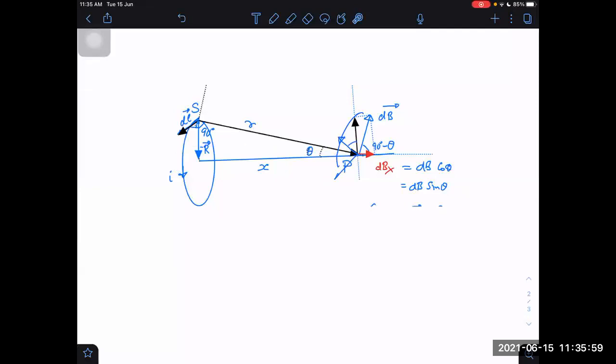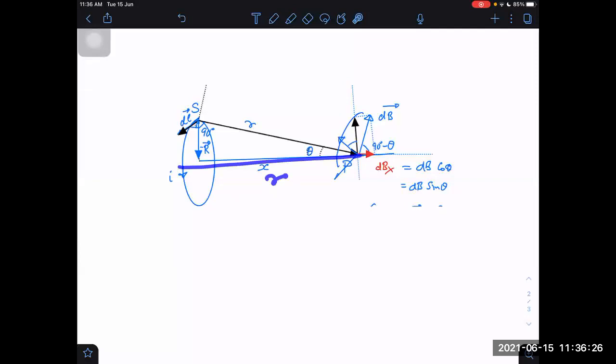Yes, sir. For example, take dl this side. If I take dl this side, and this is a, this is x, then what do you think? Will it have a k cap component or not? dl cross r will be perpendicular to dl. dl is along j cap. Then dl cross r will lie in which plane? It will lie in the xz plane, and also it will be perpendicular to the r vector.